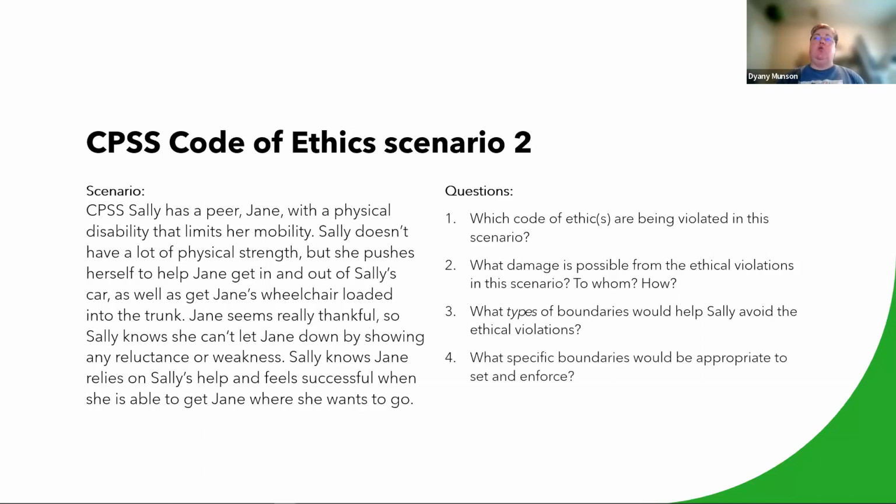So excellent. So what specific boundaries, I mean, we've talked about a lot of these already. What specific boundaries would be appropriate to set and enforce with asking those open-ended questions, letting her know that I can't help you with this? Like with the agency that I worked at, the specific boundary I was told was the only thing I was allowed to do was stabilize the transfer board.